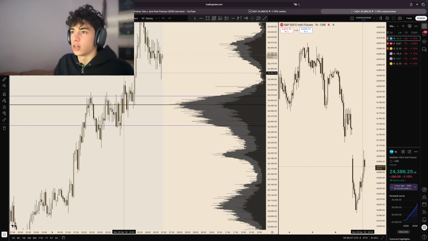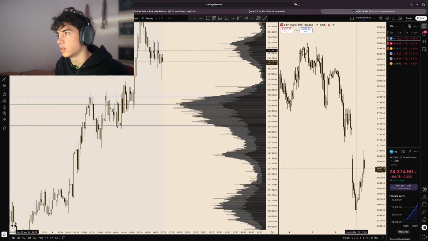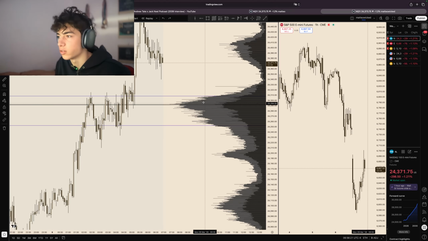I'm not gonna talk much about the specification of these lines. As you can understand, here is where the volume was the highest and lowest, which isn't really true, because the highest is the POC.